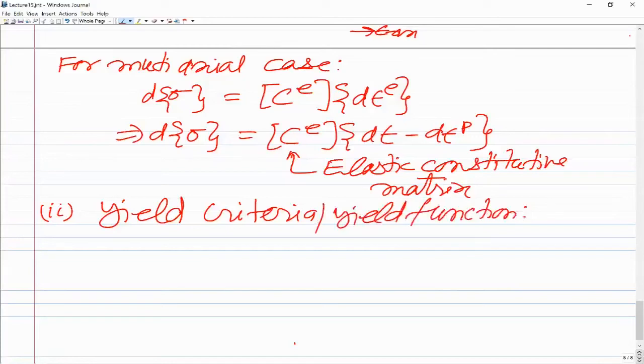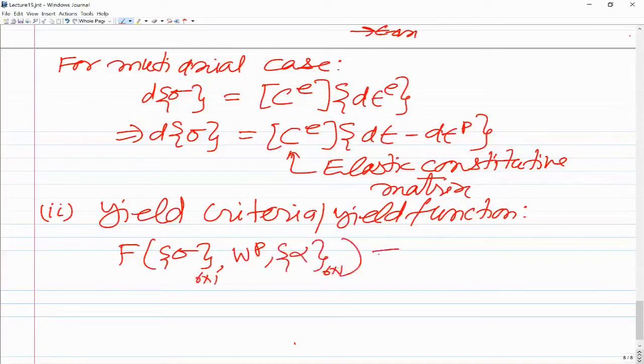But when we are talking of a multi-axial situation where all the components of stresses are, let's say, non-zero, then we have a function f, known as the yield function, and this is a function of your stress tensor, the plastic work of stresses WP, and the back stress, which denotes the translation of the yield surface. I will explain that also. Sigma is 6 by 1, WP is scalar, and alpha is also 6 by 1; this will equal 0. So this will be the form of your yield function.